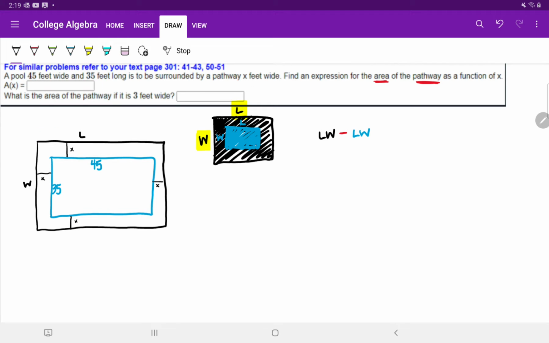So let's start with length. If this is the entire length of the outside of the pathway, I'm going to color it really dark black here so you can see which side I'm talking about. This length is made up of this length plus this length plus this length.